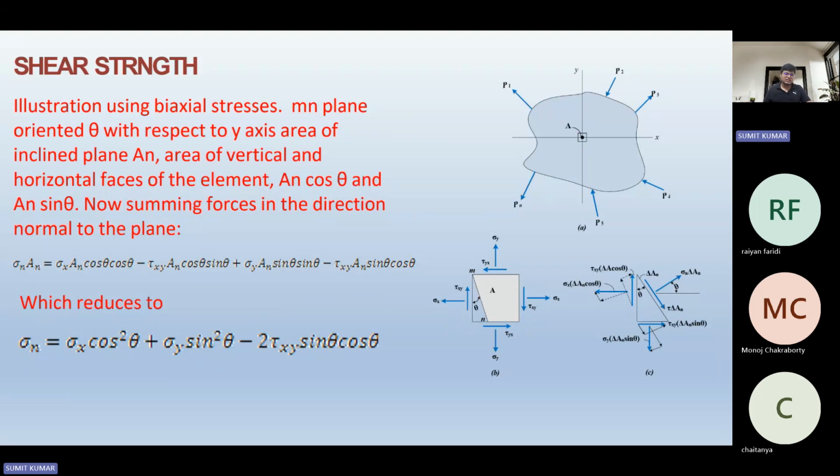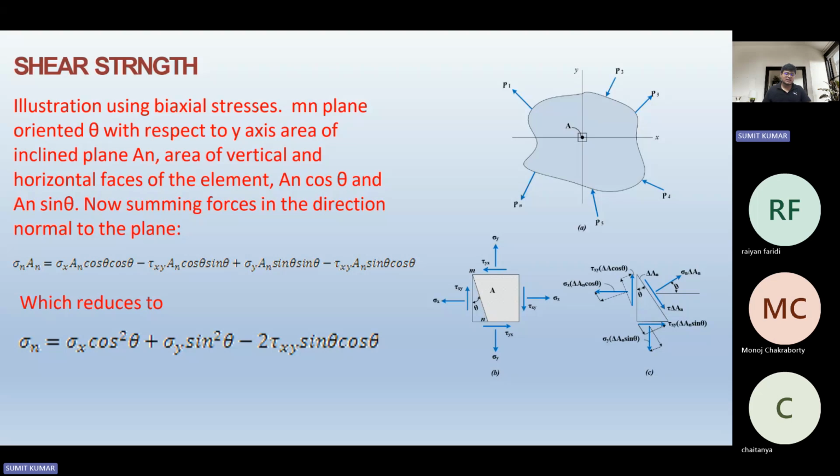But that equation for sigma n is modified as sigma x cos square theta plus sigma y sin square theta plus 2 tau xy sin theta cos theta. In the earlier concept we used the terms x and z, but here it is modified to x and y, so that is not an issue.